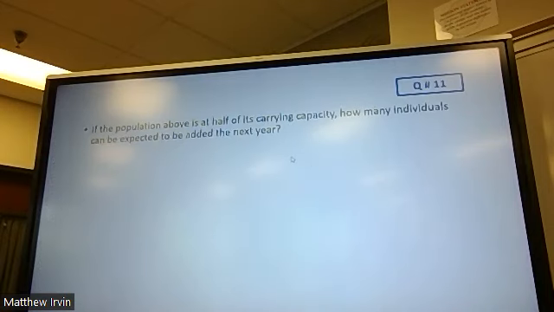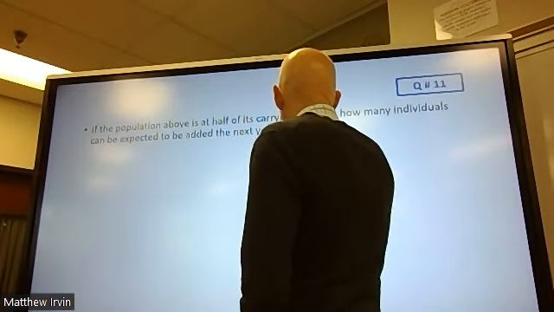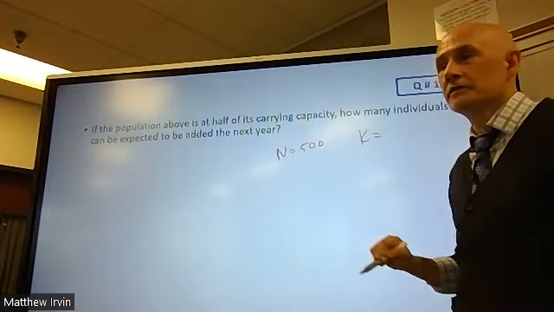All right, if the population above is at half of its carrying capacity, what does that immediately tell you? You're using the logistic equation, because what does K equal? Carrying capacity. If its current number of 500 is half the carrying capacity, then K equals 1,000.